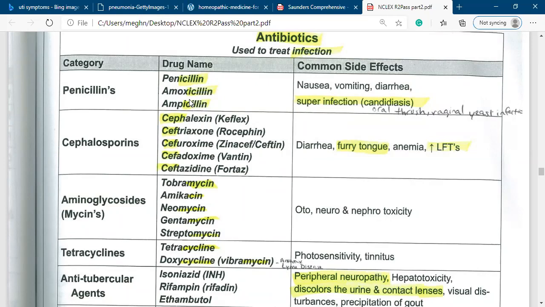But as an RN, you have to know some more information about penicillin, right? When you give the patient penicillin, you have to ask about the history of allergy to penicillin or cephalosporin. Ask about any kind of reaction such as itching, skin rash, or hives.